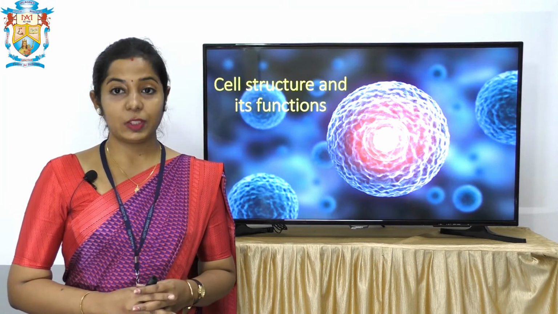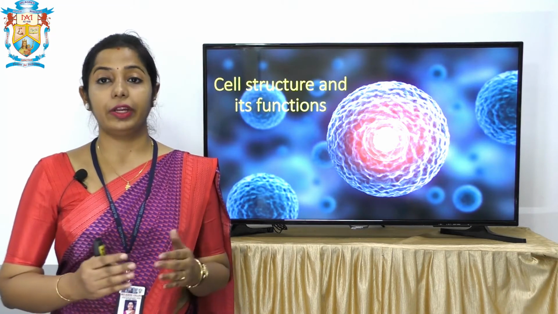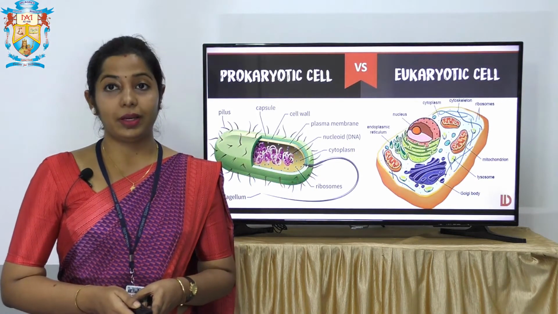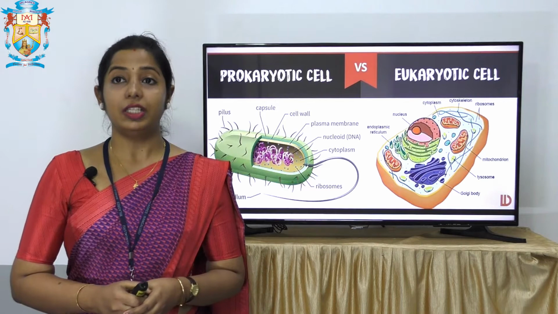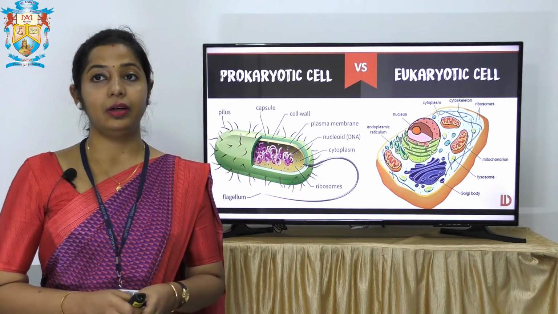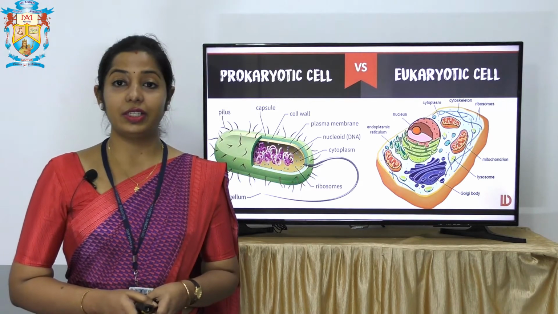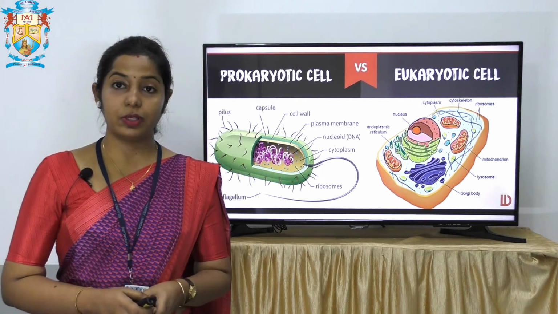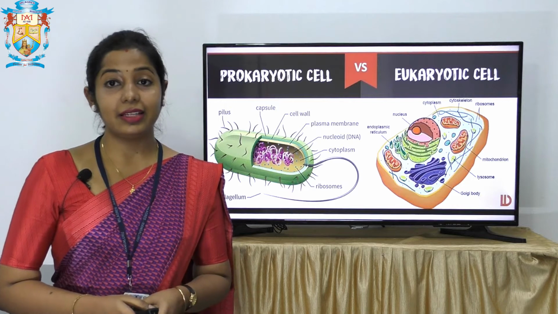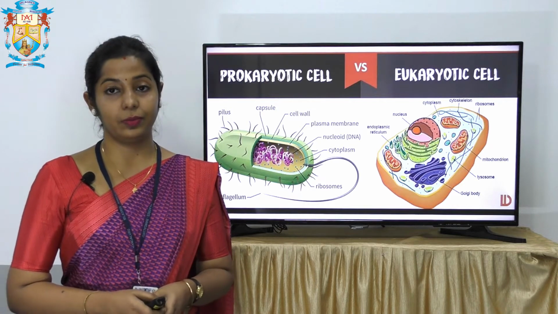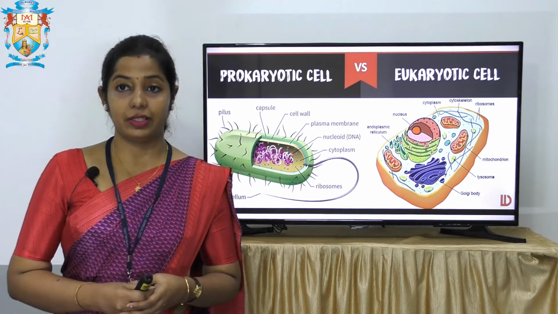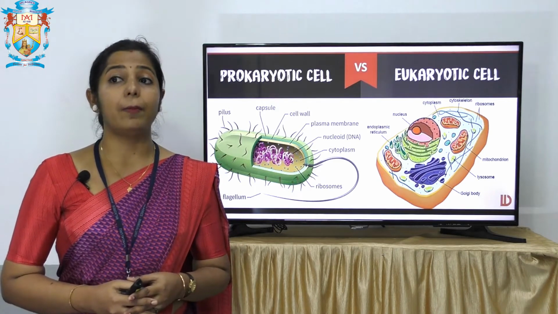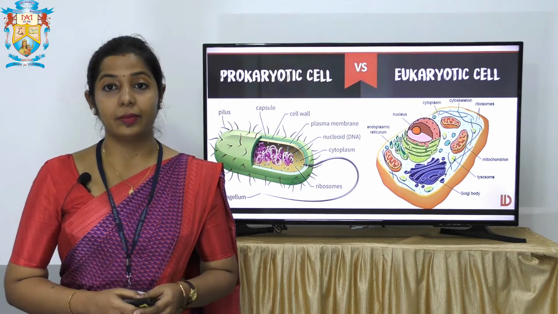These are the plasma membrane, which is an outer covering of the cell, cytoplasm, which consists of gel-like cytosol, DNA, which is the genetic material of a cell, and ribosomes, which are the molecular machines that synthesize proteins. Despite these similarities, prokaryotes and eukaryotes differ in a number of important ways.